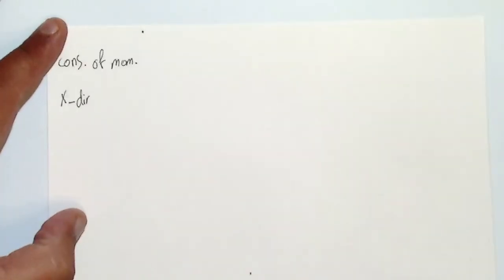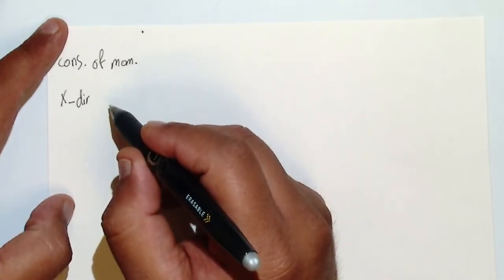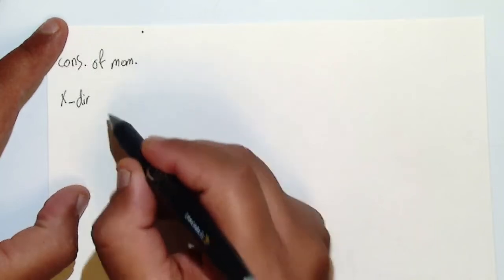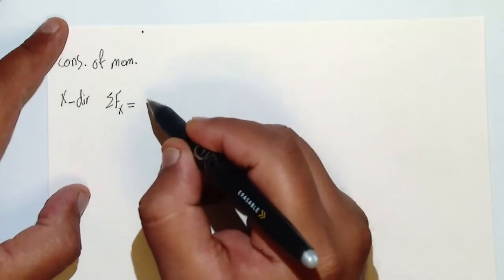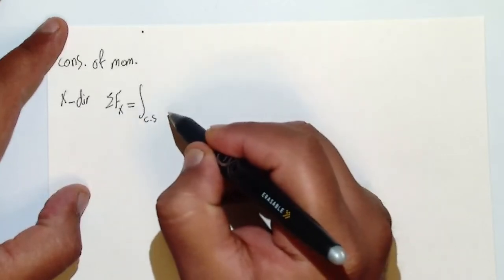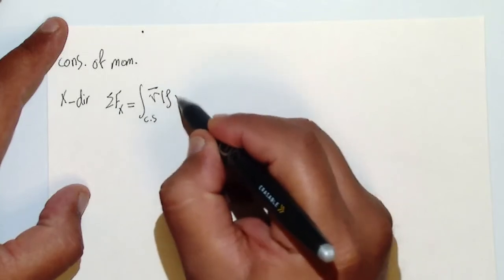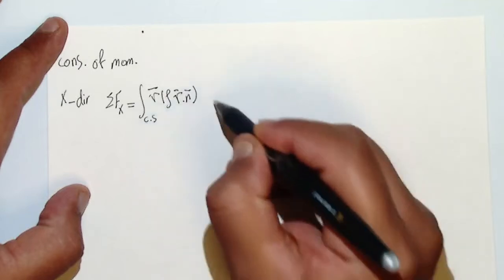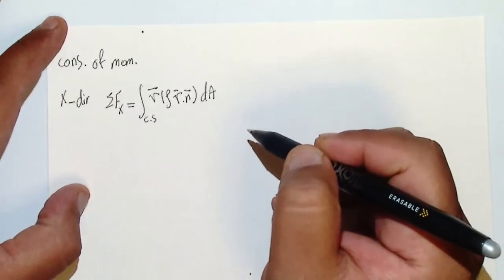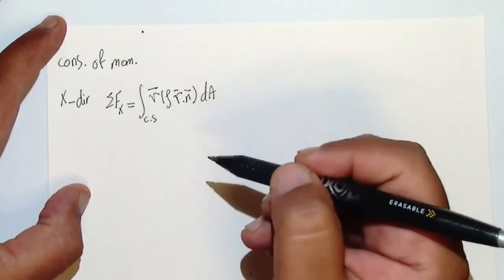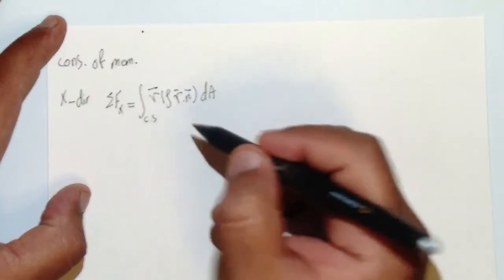So in the x direction, if you ignore the time derivative term, then sigma Fx has to be equal to the control surface term, V times rho V dot n times dA, right? Because it's steady, the only term left is going to be this, right?